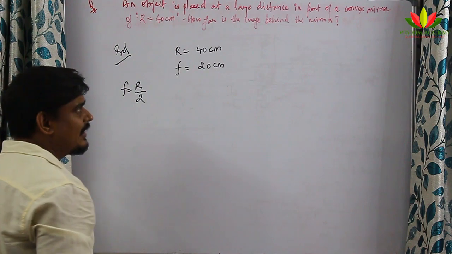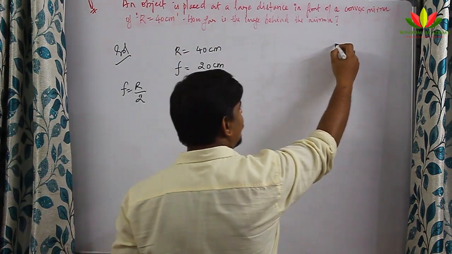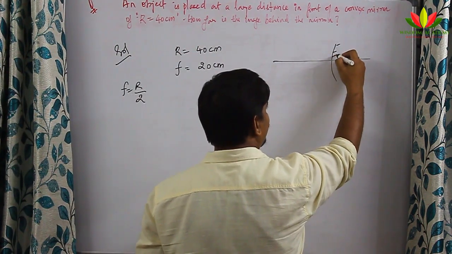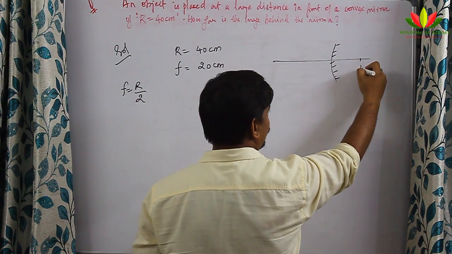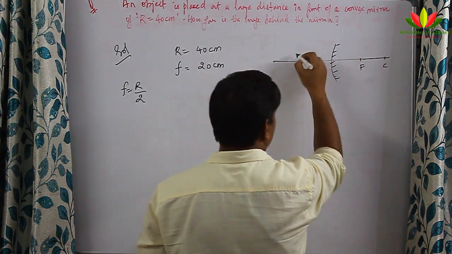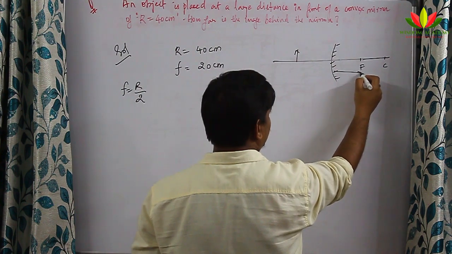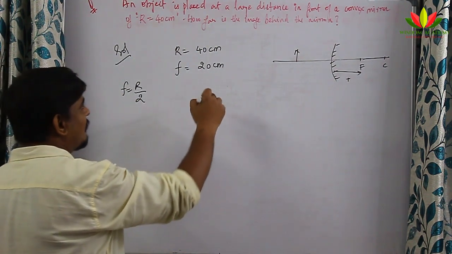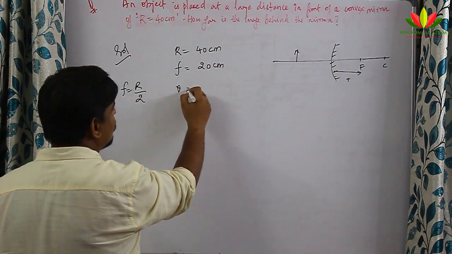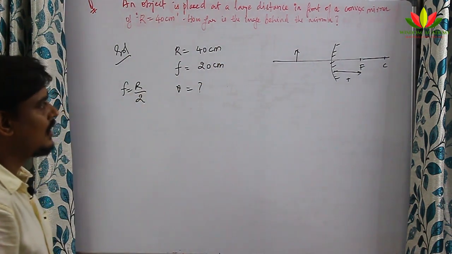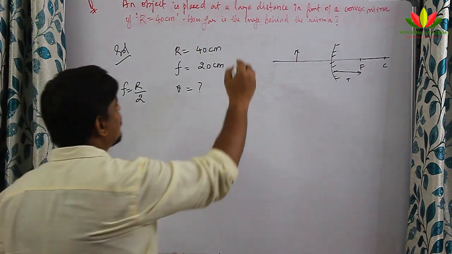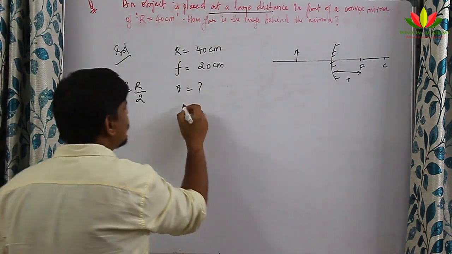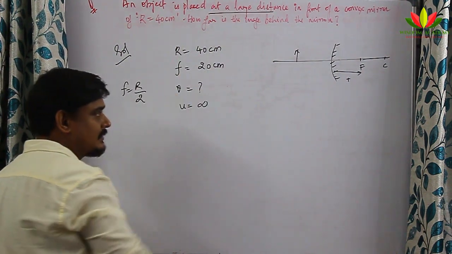And whether it will be positive or negative, it is a convex mirror. I told you whenever it is a convex mirror, F will certainly be positive, because F is on this side. So if the object is kept here, this distance will be positive. So F is plus 20 centimeter, and they have asked you to find the value of V. Since they have told the object is at a large distance, that means U will be infinite.